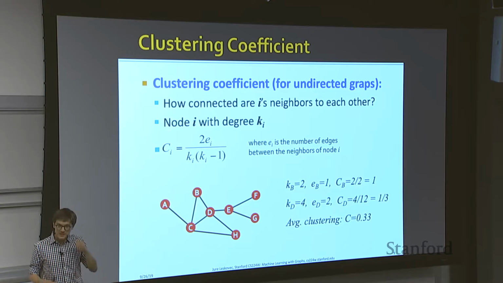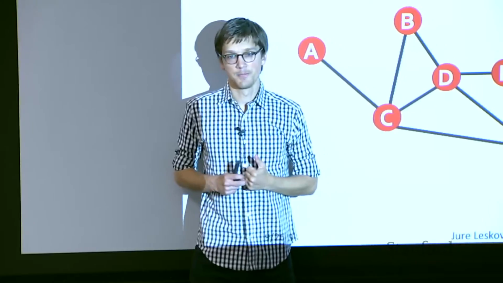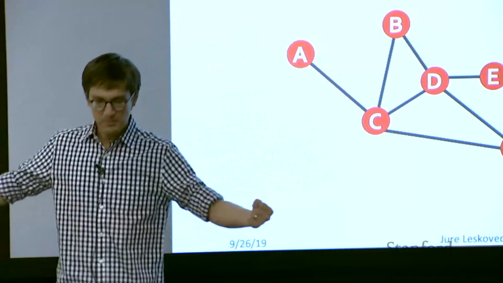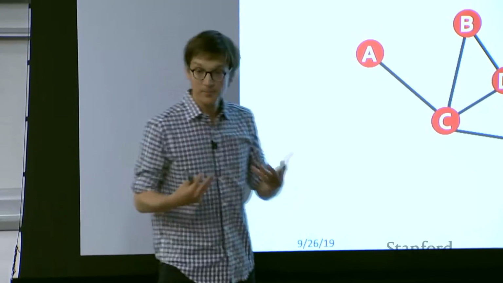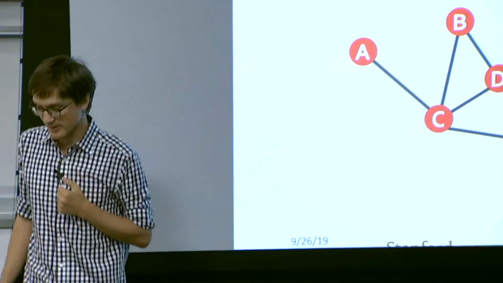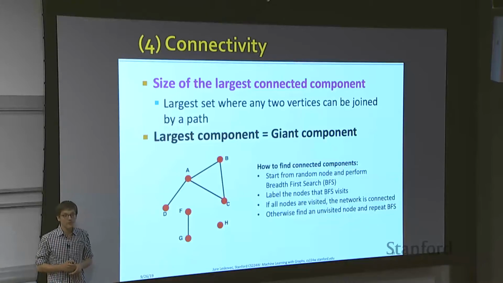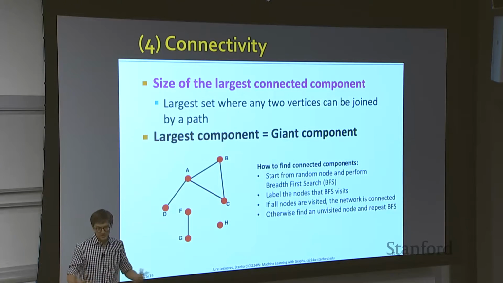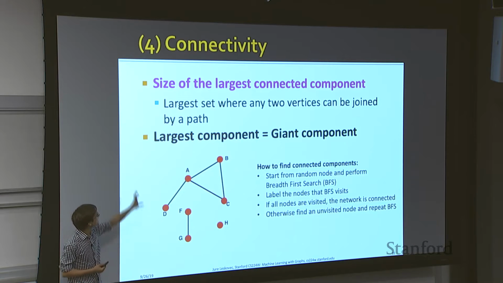And what we see in social networks, this clustering is very high, right? That essentially people who are my friends tend to know each other, right? And then the property number 4 that I want to talk about is how connected is the graph, right? Essentially how you quantify this is to say what is the size of the largest connected component.